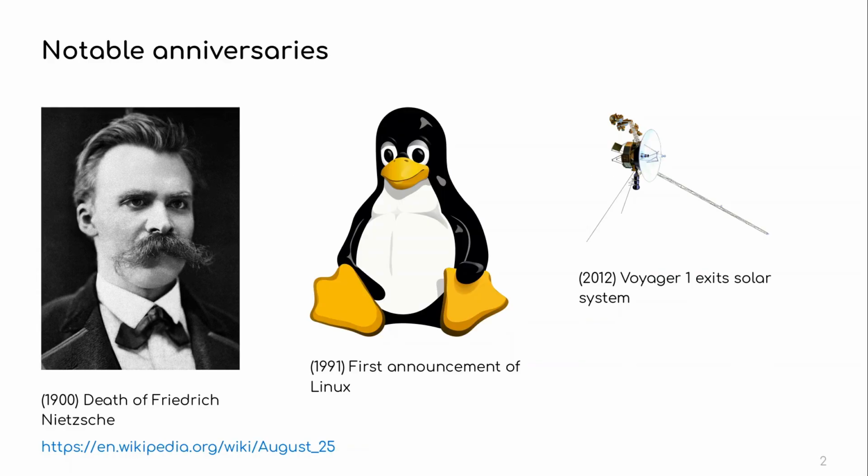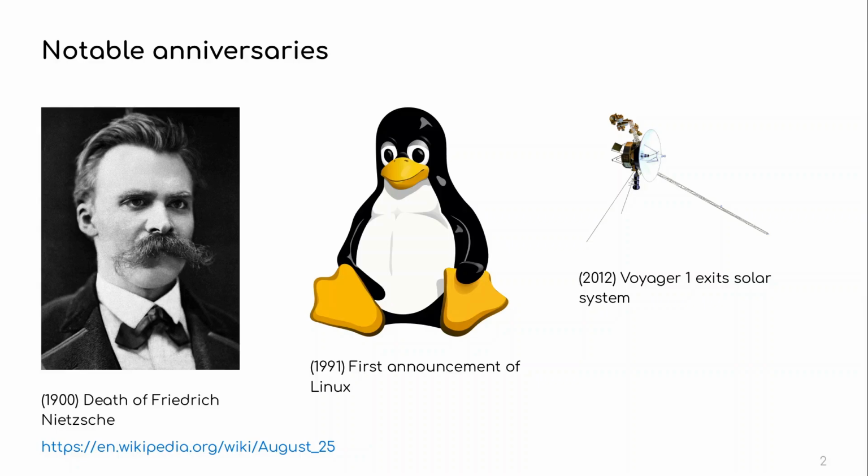But before we start, today is the 25th of August, which is the anniversary of the death of Friedrich Nietzsche in 1900. More interestingly, it's also the anniversary of the first announcement of Linux.